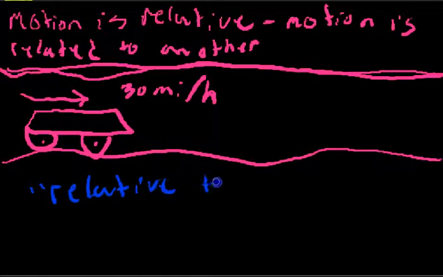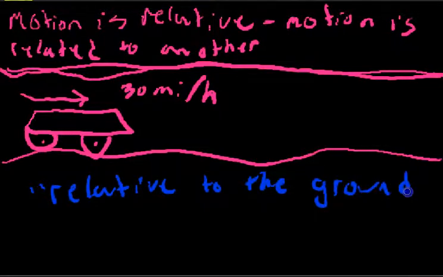Because as far as this car is concerned, the ground is going 0, so the resultant would be 30 miles per hour in the northern direction. So you have to consider when we're talking about things moving that they're always relative to something else.